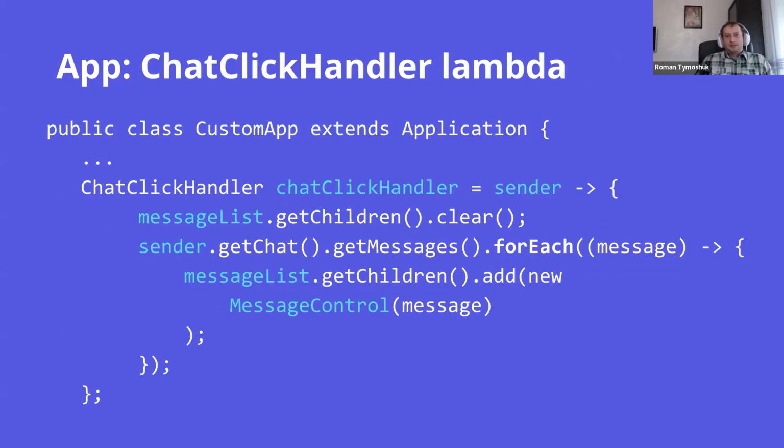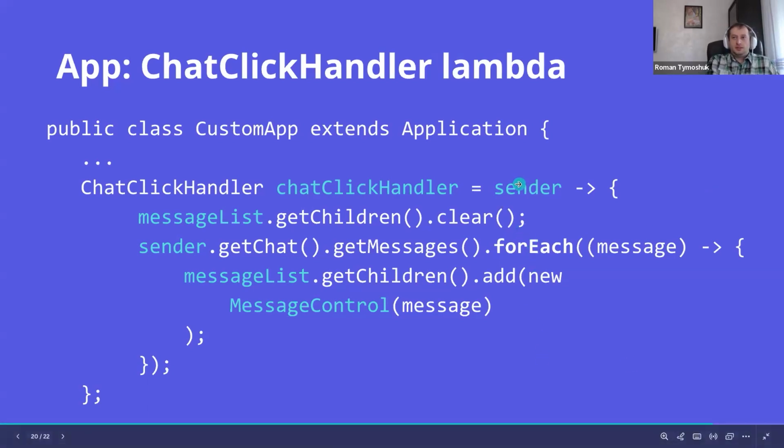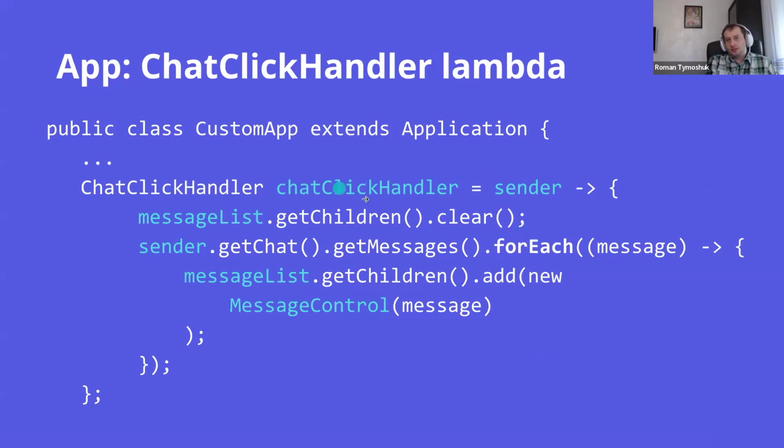Right. Here you can see an example of the chat click handler. Again, it's defined as a lambda function. Chat click handler is an interface with a single method. Again, here you can see that using multiple interfaces is more beneficial than only one with multiple methods, because you can define it using a lambda. In Java, this works if you have a functional interface.